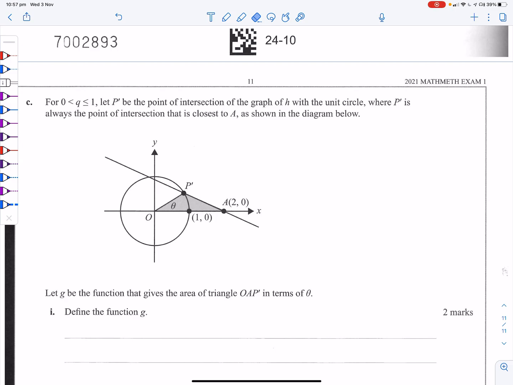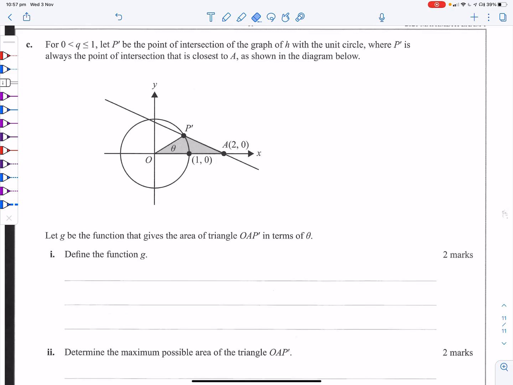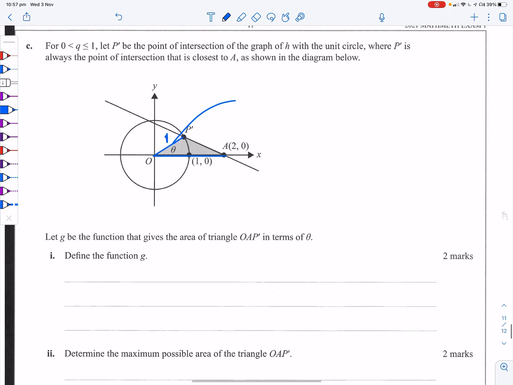Okay, now it asks us to find the function g, which is the area of this. Now, to find the area of a triangle, we know that's 2, and we know that is 1 because it's a radius and that's the base. In this case here, we know the area of a triangle is a half ab sine C. Although that's not a formula that we use in Methods, which sucks, because that's 2 and that's 1, and theta is there.